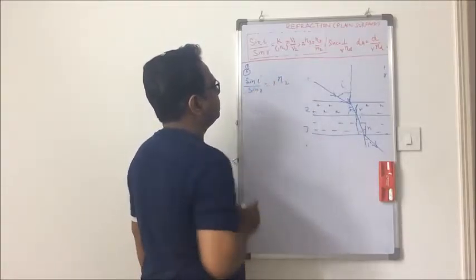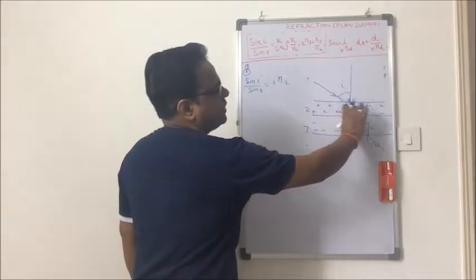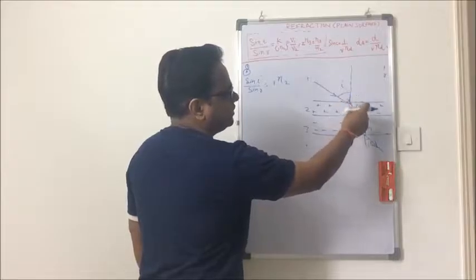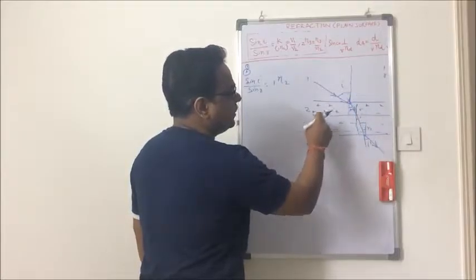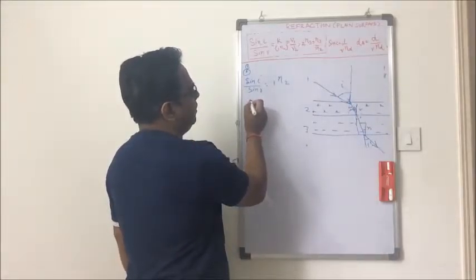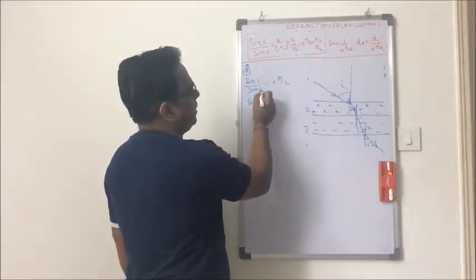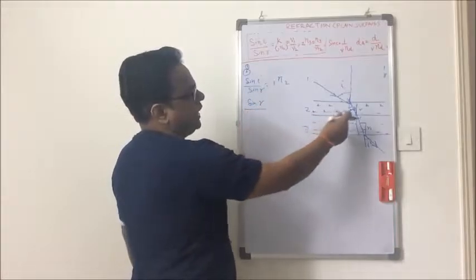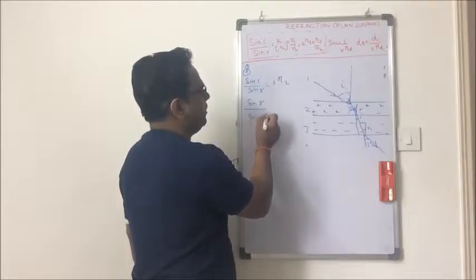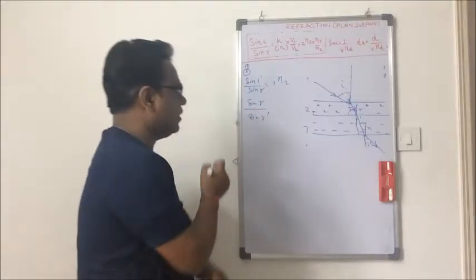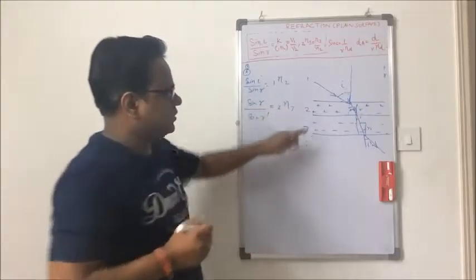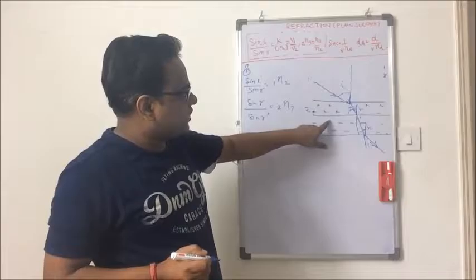Next, for the next medium, when light is hitting the surface between medium 2 and 3, at this point the angle of incidence would be R. So we can write sine R, and the angle of refraction we assume is R dash, would be 2 and 3, because it is the refractive index of 3 with respect to 2.